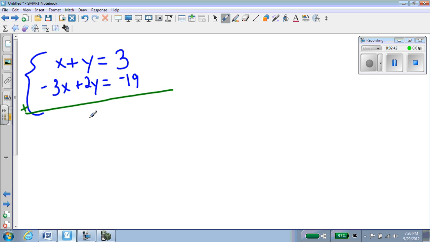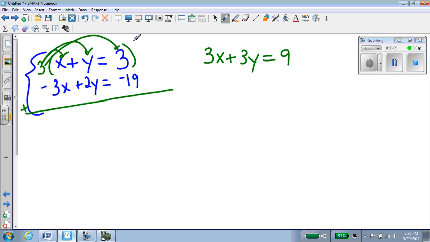And so I'm going to choose to multiply this entire equation by positive 3. Why? Because then this would become 3x and it would eliminate the negative 3x. So my system becomes 3x plus 3y equals 9. People often forget it's got to be every piece. Negative 3x plus 2y equals negative 19.